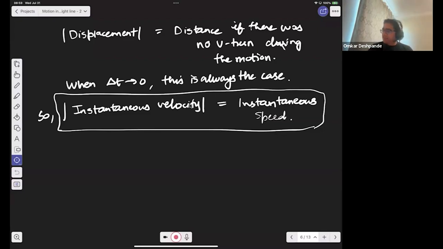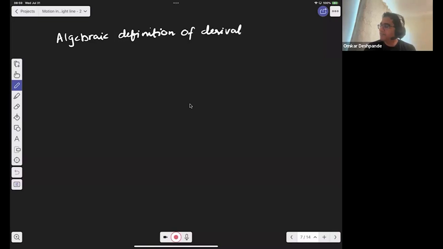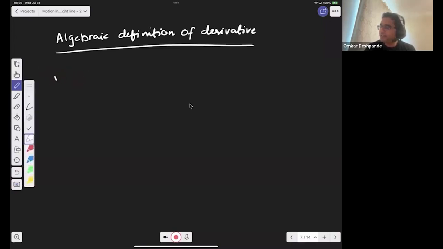All right, so this hopefully recapitulates and consolidates what we did last time. I also did one thing. I defined the derivative using an algebraic formula, which is very important to remember. Since velocity, for example, is the derivative of position, I wrote it earlier like this: v is dx over dt.